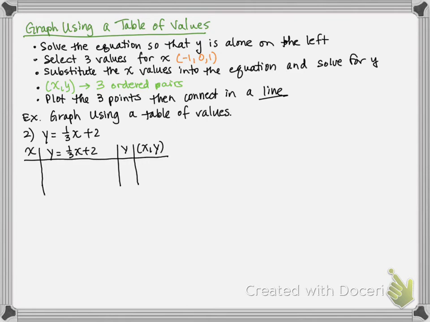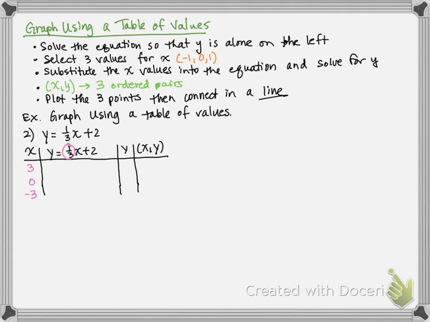Now, because I have a coefficient that is a fraction, that's going to alter my choices. So I'm going to choose a 3, I'm going to choose 0 always, and I'm going to choose a -3. That way I will not get fractional answers. It's a pain to graph fractional answers because you're always kind of guesstimating where it's located.